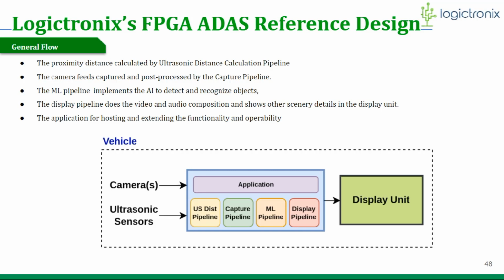The machine learning pipeline can implement AI to detect and recognize objects such as vehicles, road markings, traffic markings, vehicle number plates, obstacles, etc. The display pipeline can utilize the ML pipeline information and do the video and audio composition, such as emphasizing the recognized object with a bounding box and showing other scenery details in the display unit. To host and extend the functionality and operability of such a system, an application can be written.